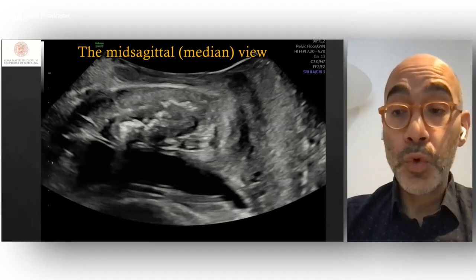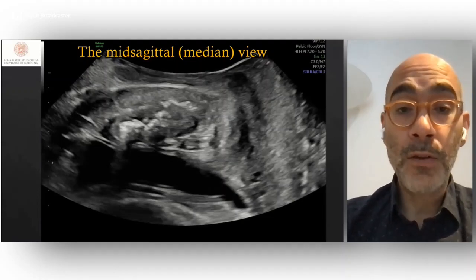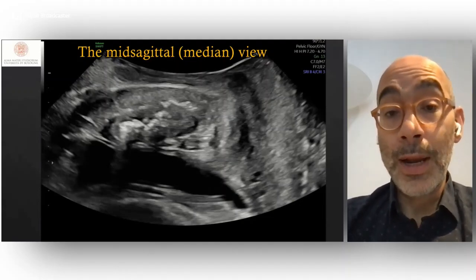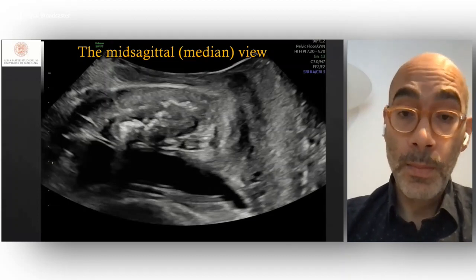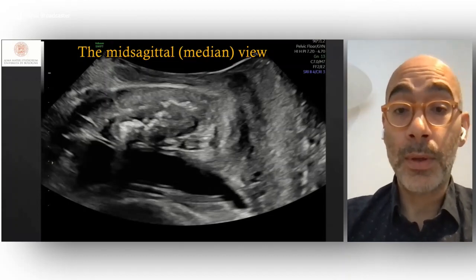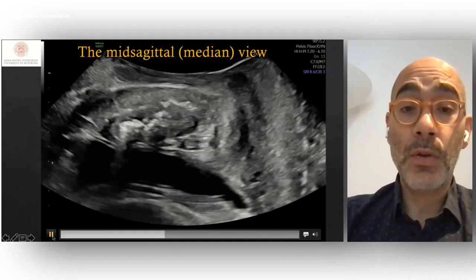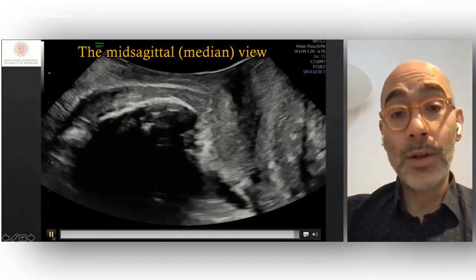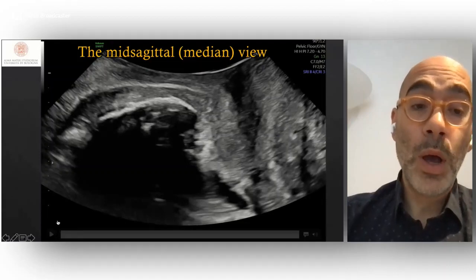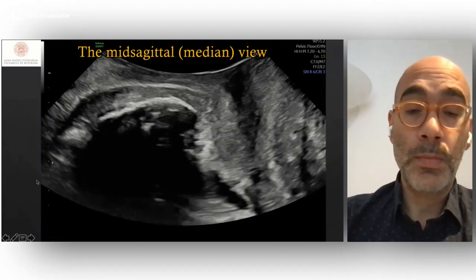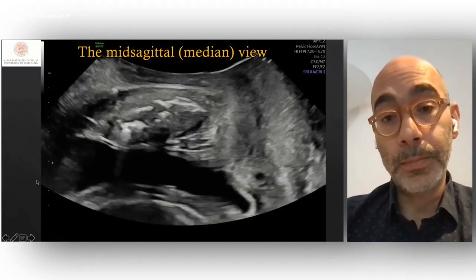We have to note that the vast majority of the literature produced on the midline, sagittal parameters is produced on the mid-sagittal view. So this is the mid-sagittal view, whereas if we are parasagittal, we see the bone. This is not where we should measure most of our parameters.